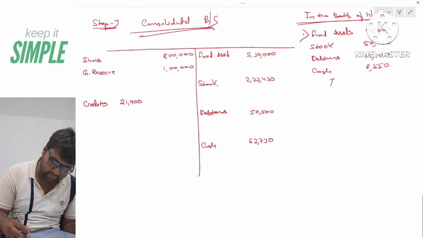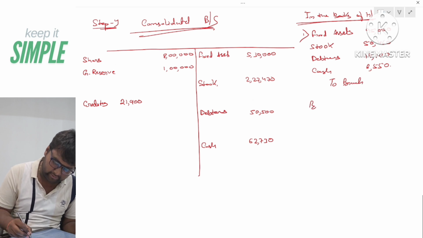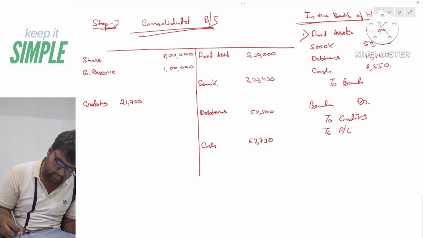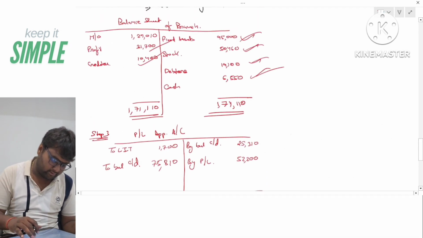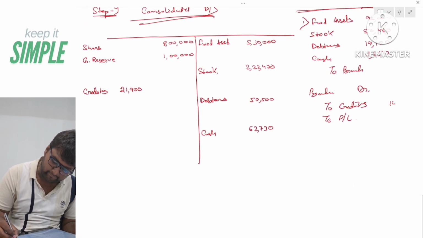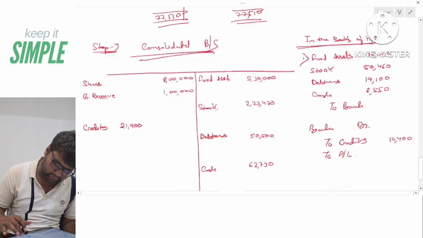So it will be to branch. We'll totally add it up, and then branch debit, to creditors, and to profit and loss. What was the figure? 10,400 and 31,700.